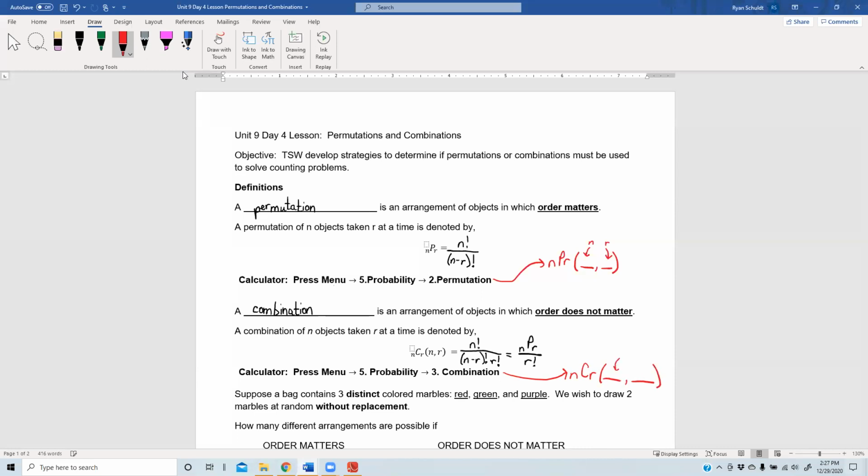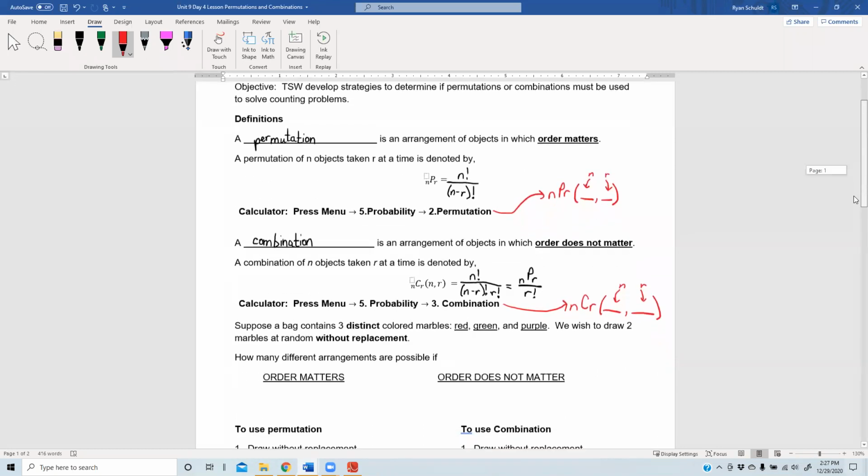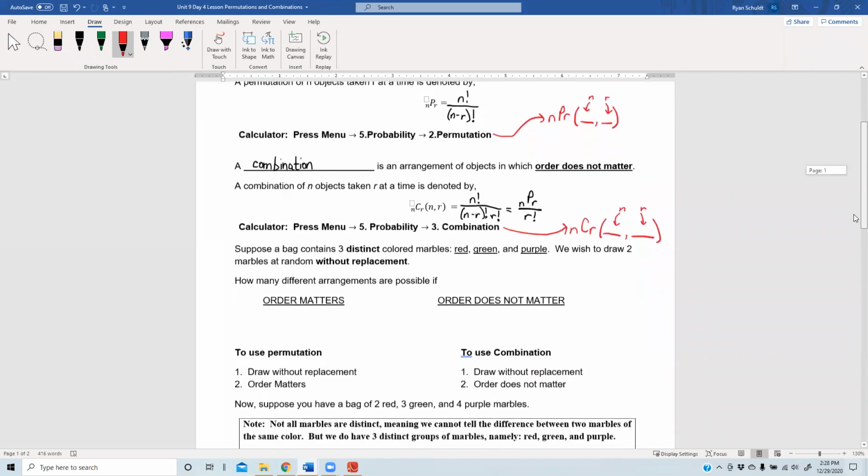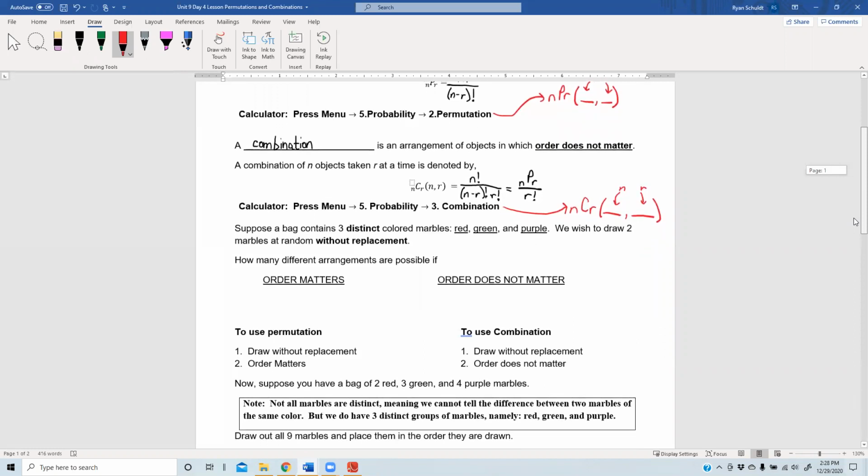Again, just like permutation, n goes in the first blank, r goes in the second blank. So that's just kind of a quick, definition-based review of permutations and combinations. Let's look at an example-based review.